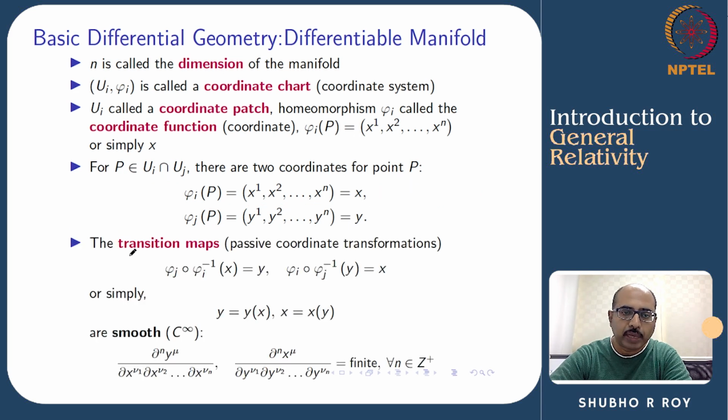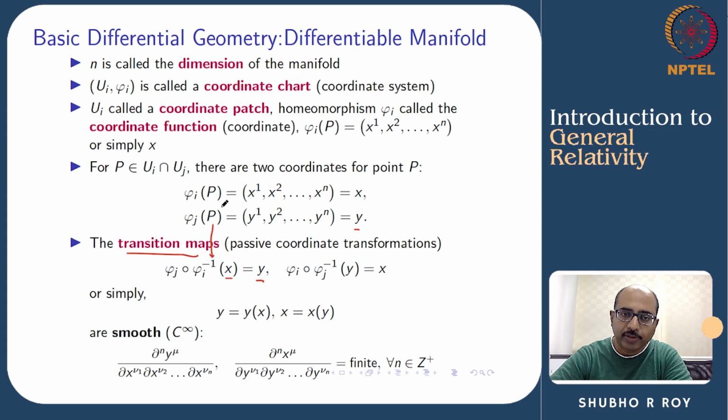Now, these transition maps: phi j of P, where P I can write as phi I inverse of x. So if I substitute P as phi I inverse of x, I get phi j of phi I inverse of x. So y equals phi j of phi I inverse of x. So y's are given as some functions of x.